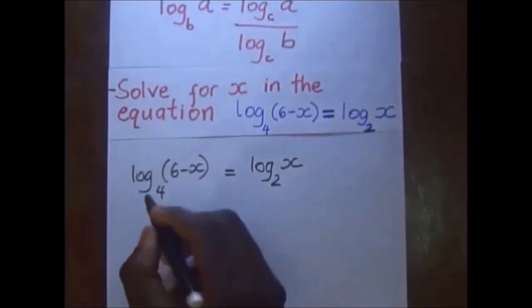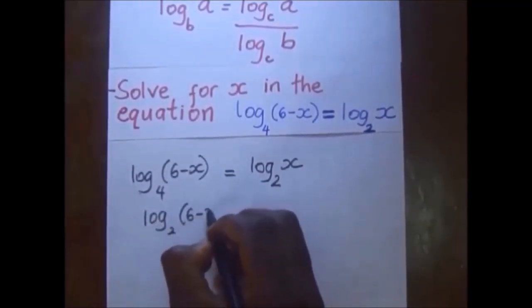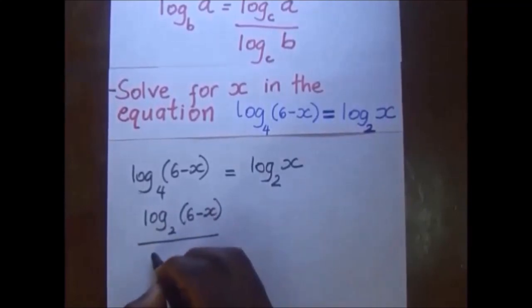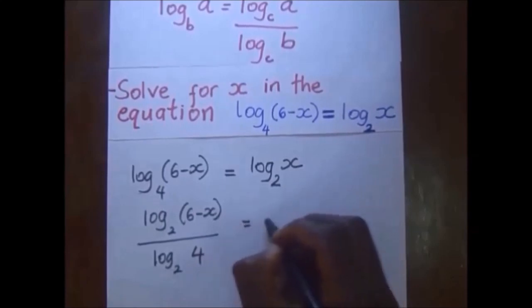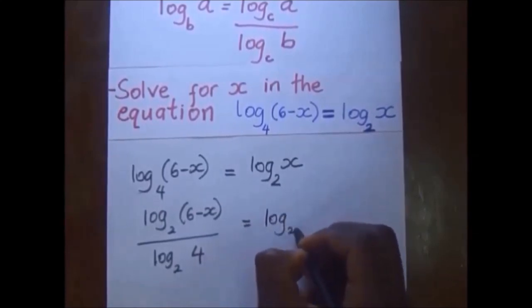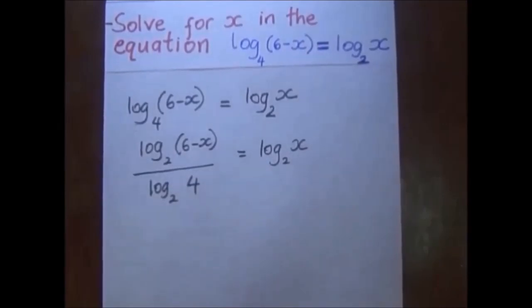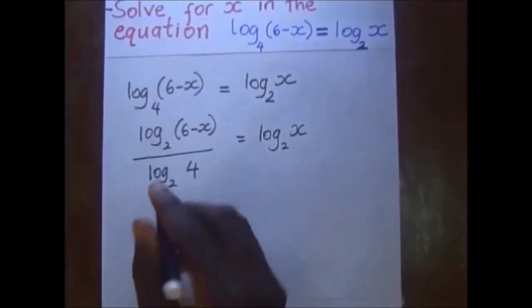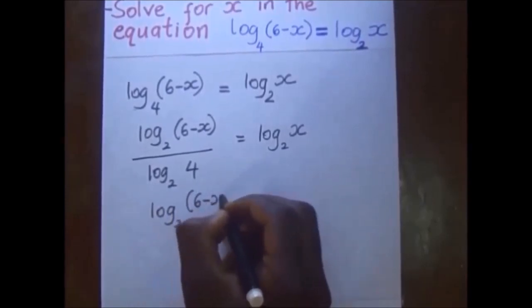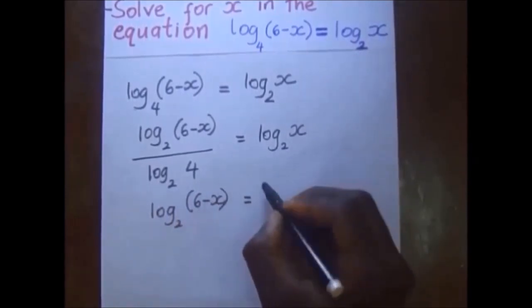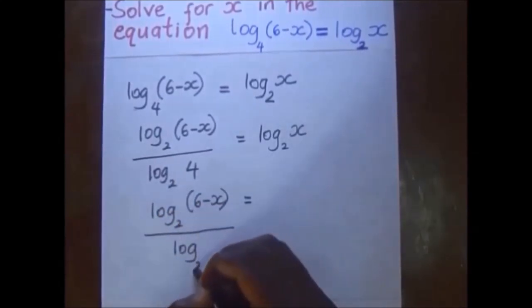So here it will be equal to log base 2 of 6 minus x, divided by log base 2 of 4. It's going to give us log base 2 of x. So we continue and say this is going to become log base 2 of 6 minus x, divided by log base 2 of 4.